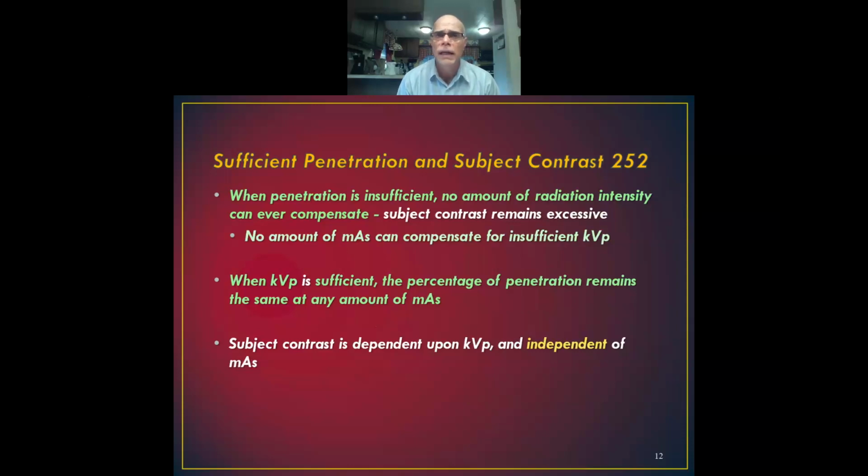But if they don't get through, you can't compensate for underpenetration by increasing mass. That's the gist of this. That's what you have to remember. You cannot compensate for underpenetration. You cannot change your subject contrast by changing your mass. It has to be your kVp.